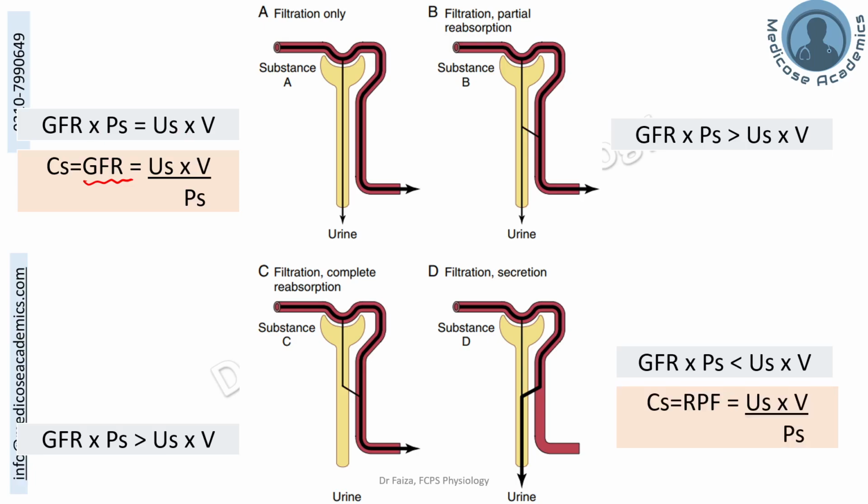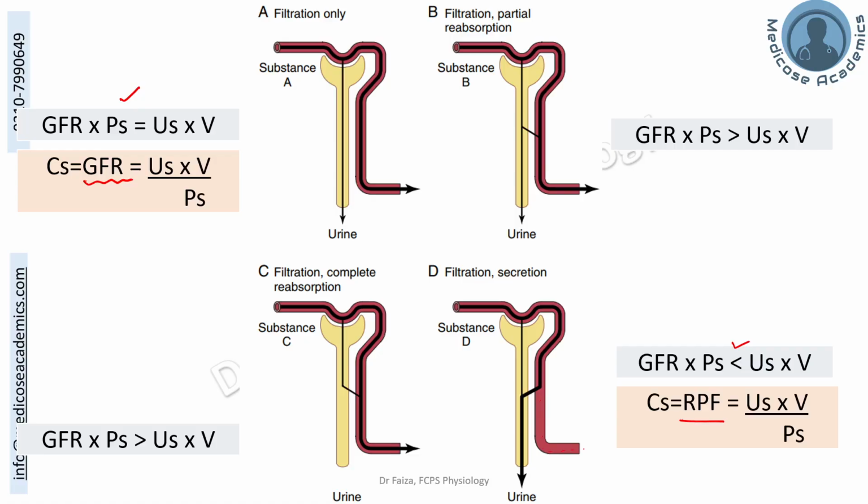The clearance of substance D, which was filtered and completely excreted but not reabsorbed, will be equal to that of the renal plasma flow, as the plasma is completely cleared of this substance. So the clearance of such substances can be used to indirectly estimate the GFR and the renal plasma flow.